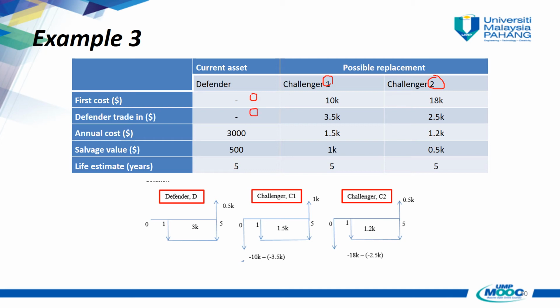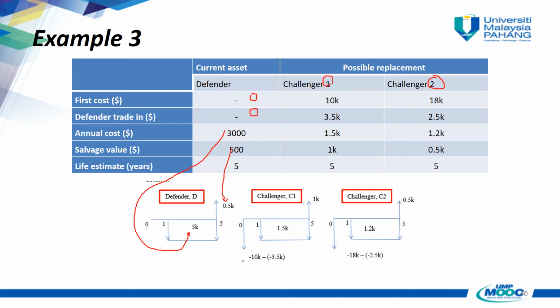For this current asset, if we still want to use it, the annual cost will be 3,000 to maintain it, and after 5 years of usage, we can salvage it for 0.5 thousand. This is only for the defender, the current asset that we have now.